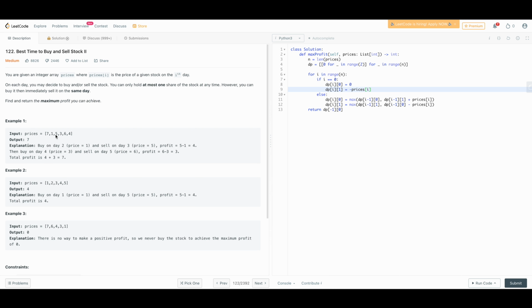If K is, let's say, positive infinity, then K minus 1, K minus 2, K minus 3, they are all the same. You don't have to write the for loop for that K part. So here we only have one for loop, for i in range of n, and this is what we have. So let's run this.